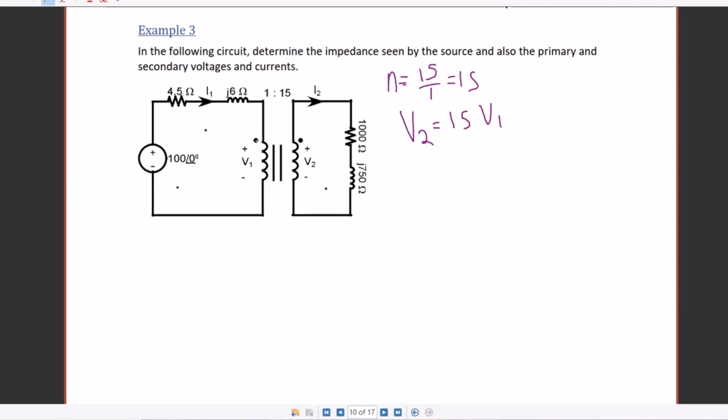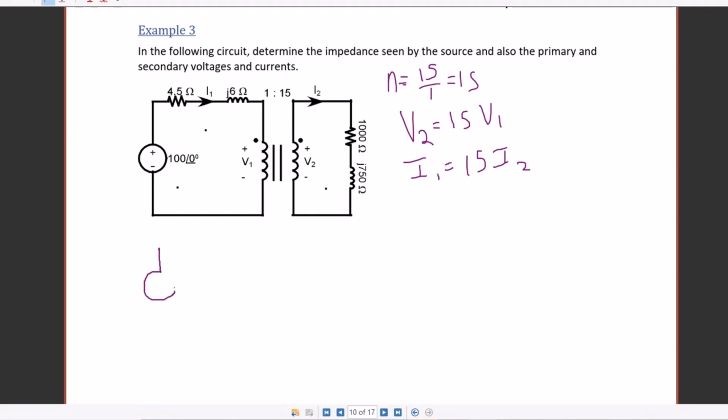Since I1 enters the transformer through the dot and I2 exits the transformer through the dot, this is also a positive relationship, and it is I1 equals 15 I2. The first thing I want you to notice is that these are opposite. It's V2 is 15 V1, and I1 is 15 I2. Okay, so I am going to solve this problem by reflecting the secondary to the primary.